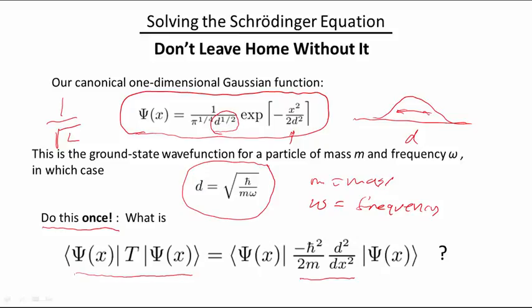Now, this is a straightforward integral if you just differentiate this function twice, but I want you to think about how you can do it without actually doing an explicit integral and be able to remember how the procedure works and to reproduce it when necessary.